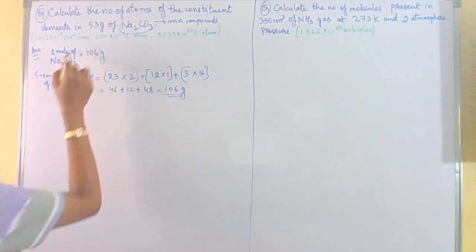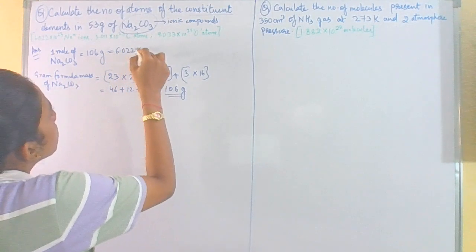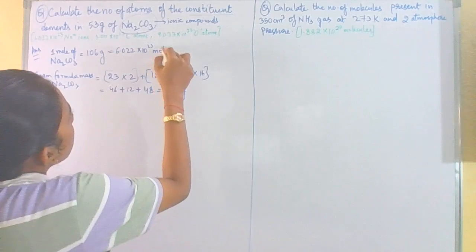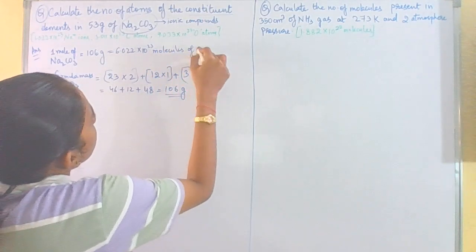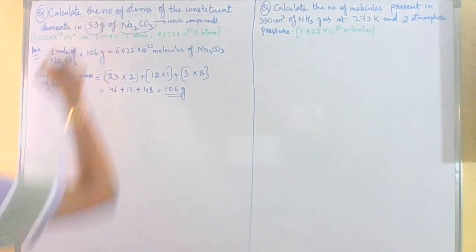1 mole of Na2CO3 is equal to 106 grams, which is equal to 6.022 into 10 to the power 23 molecules of Na2CO3. But here they are asking for 53 grams of Na2CO3.